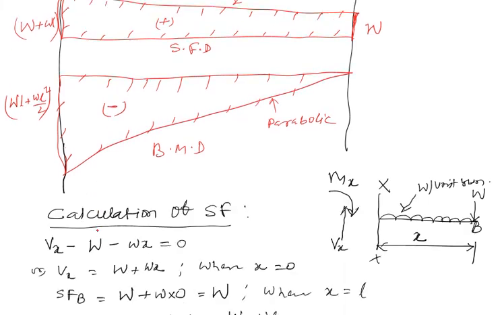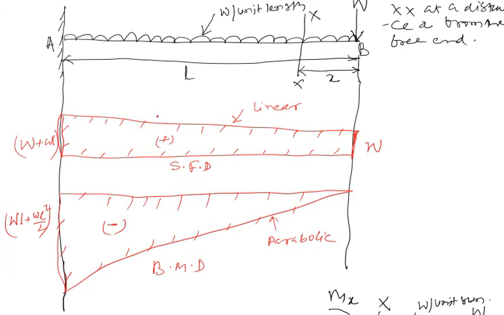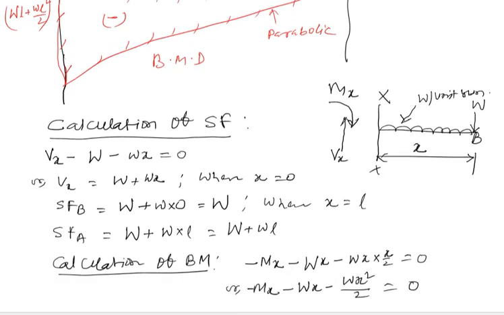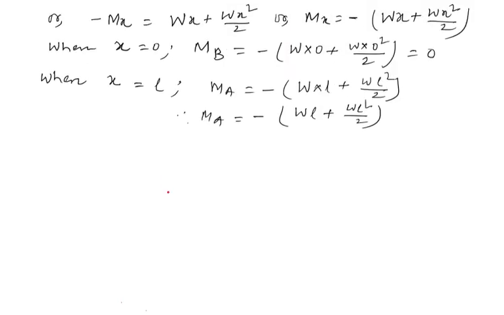So here we also find that the shear force varies following a linear law, whereas the bending moment is varying following a parabolic law.